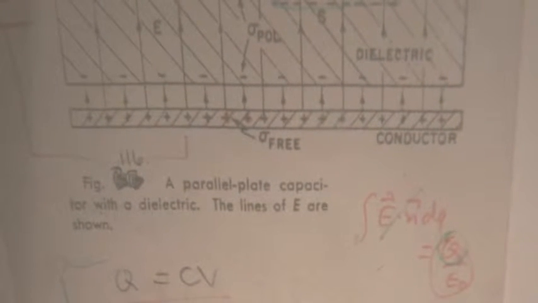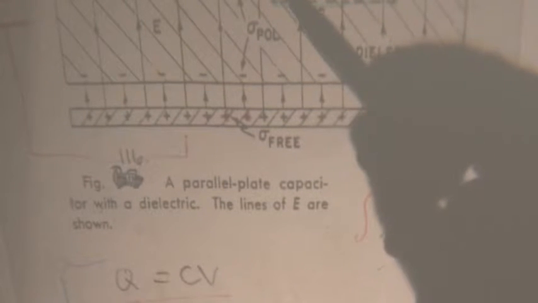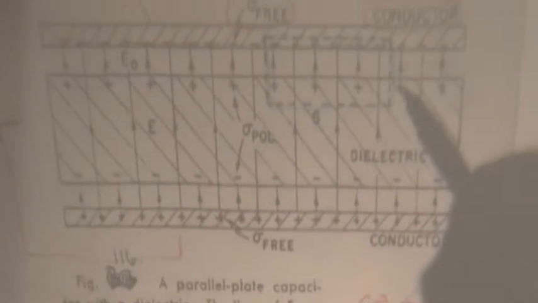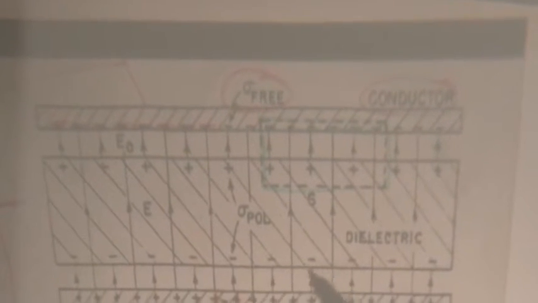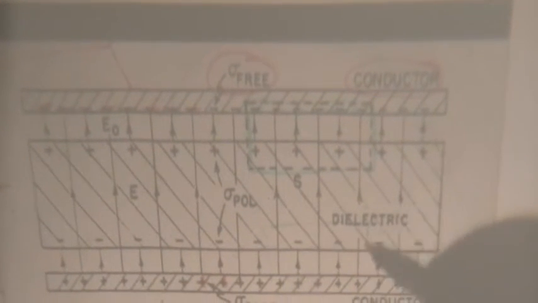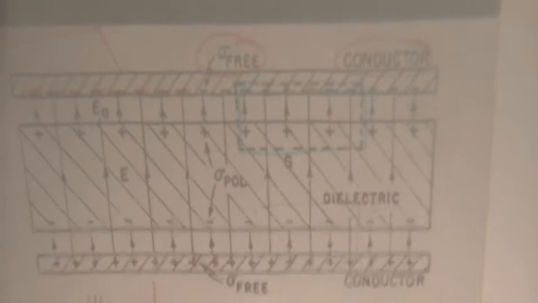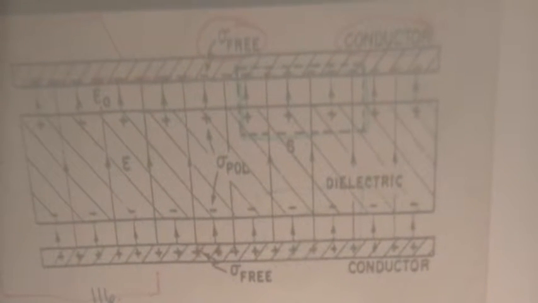So we're forced to conclude that somehow there must be positive charges on the top surface of the dielectric, and again we could have done a similar box here, and therefore negative charges on the bottom surface of the dielectric. Can't be otherwise.